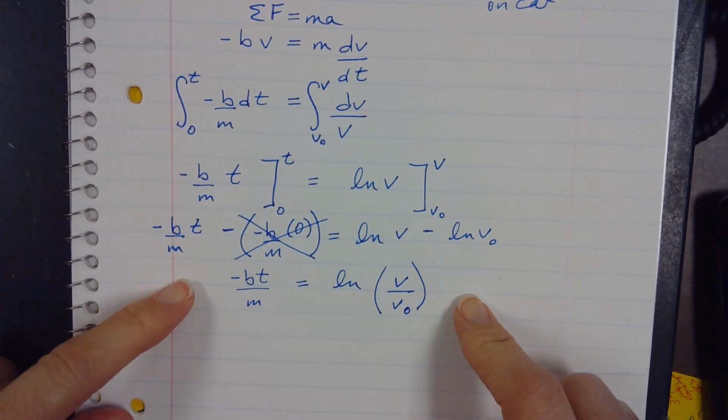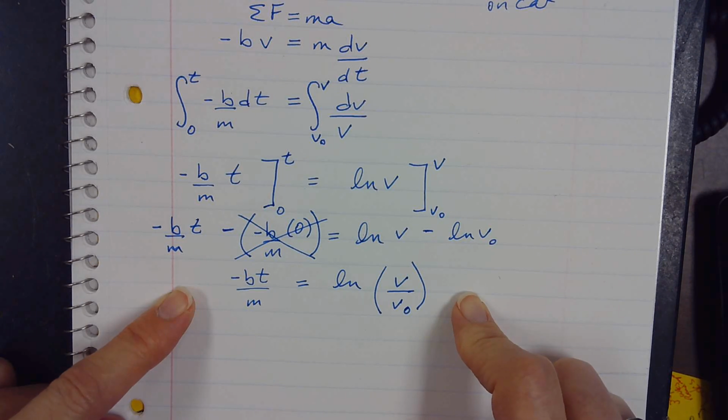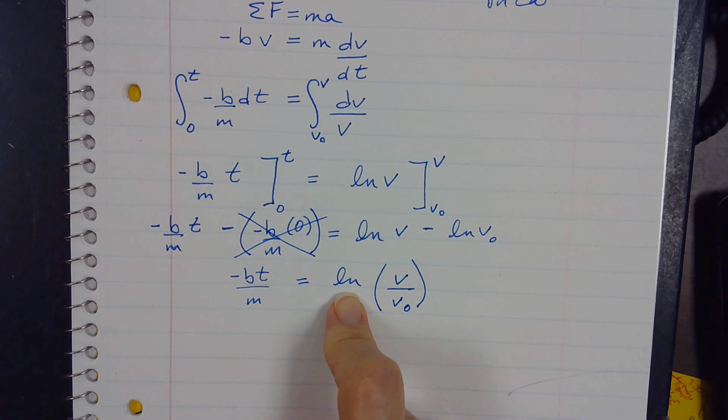I want to finish solving this to have v by itself. So I need to get it out of the natural log. What's the inverse function of natural log? E, yes. So we're going to raise both sides e to the power of.